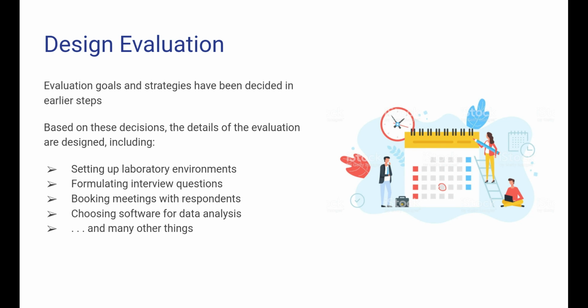Here are just some examples of what needs to be done here. To set up a laboratory environment, to formulate interview questions, book meetings with the respondents, to choose software for data analysis, and tons of other small and large things to do.